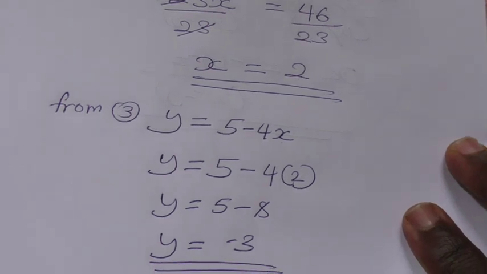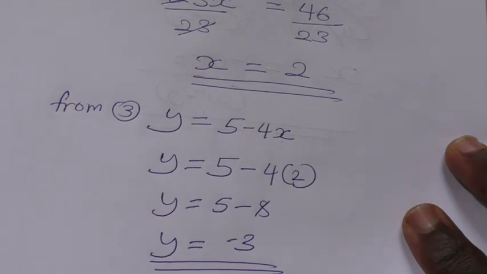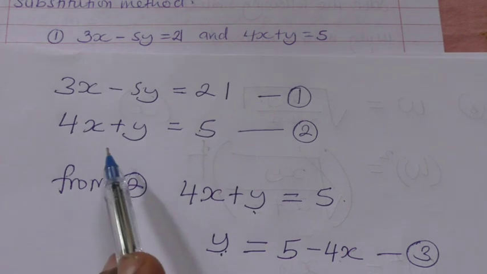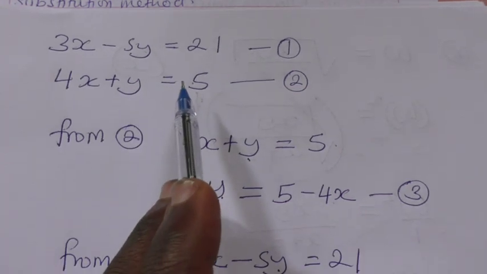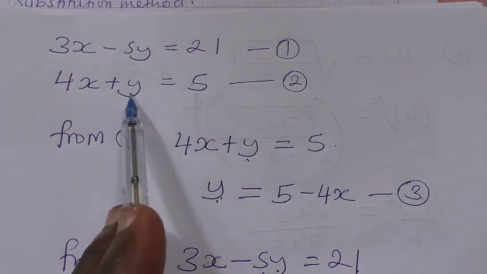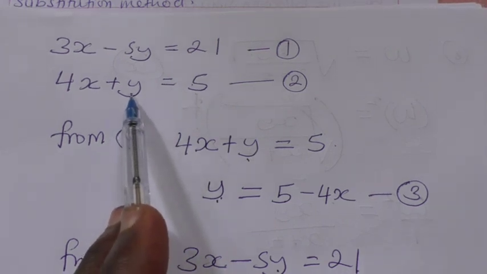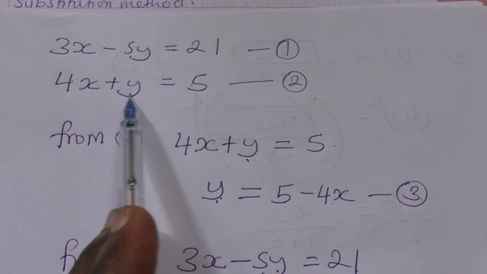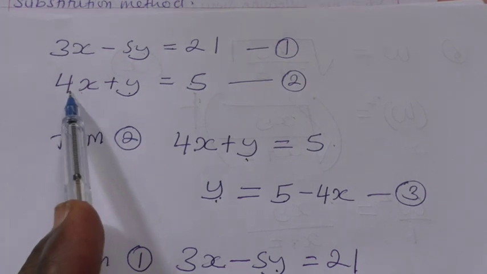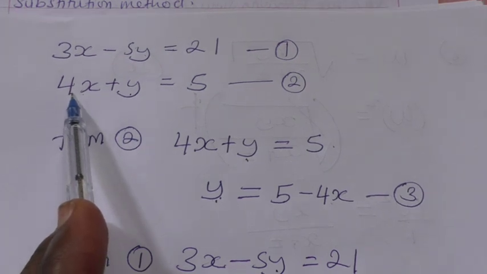However, there is something I want to comment on. In my choice of what to make the subject, I have chosen y, simply because I didn't choose x, the reason being x had a sounding coefficient.